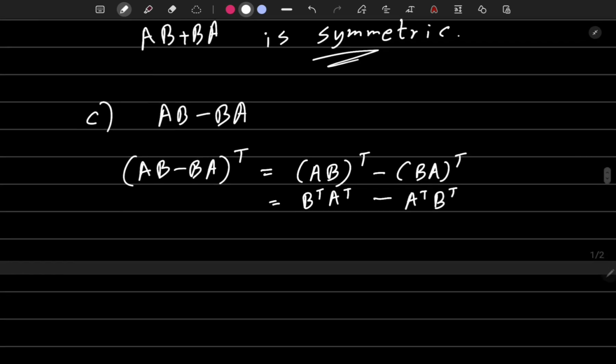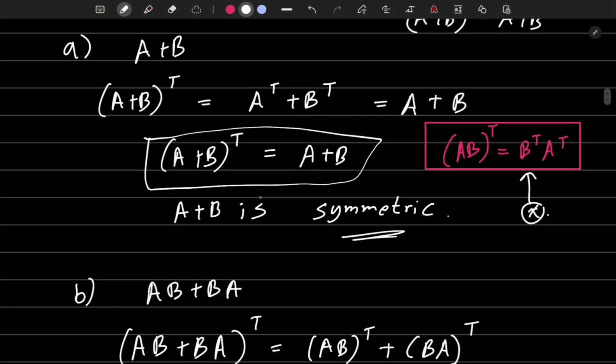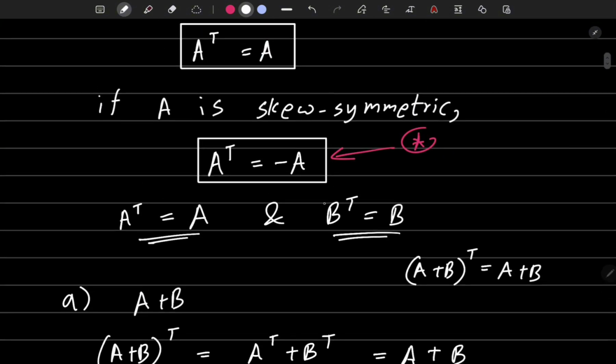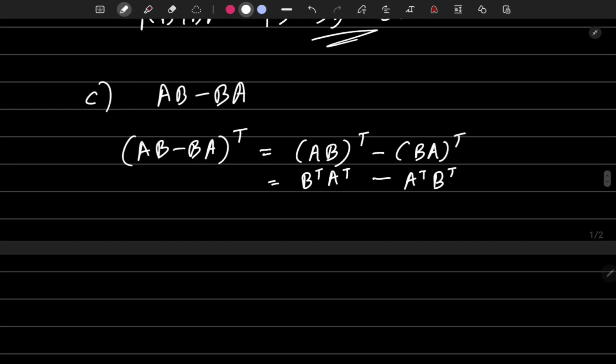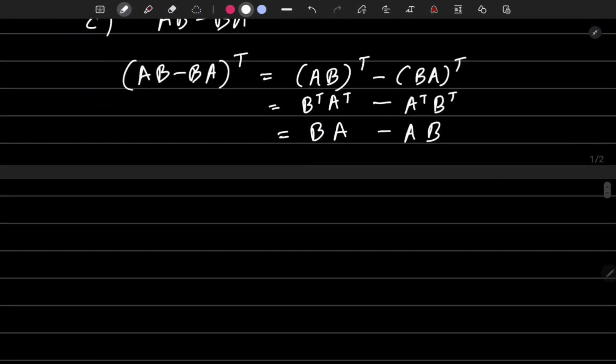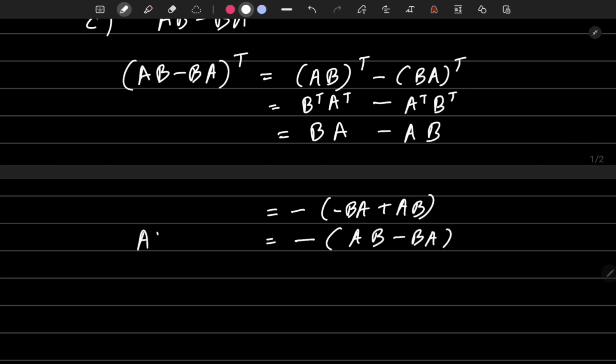Here I know the transpose of B is B and the transpose of A is A. So here I can write again B A minus A B. I am going to take the negative out of this, so I have minus BA plus AB. I can write this as minus (AB minus BA). This is the transpose of AB minus BA.